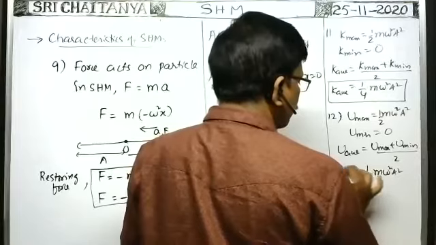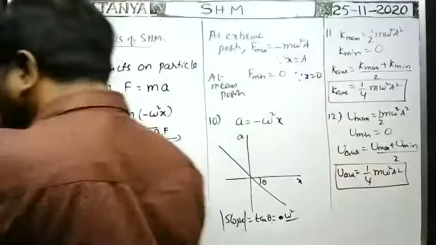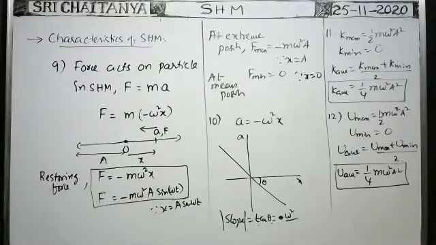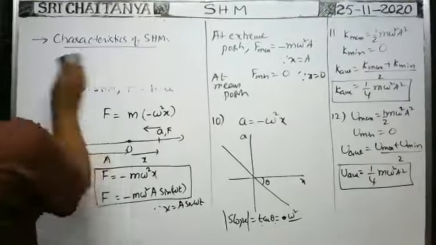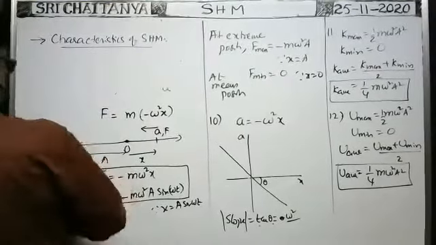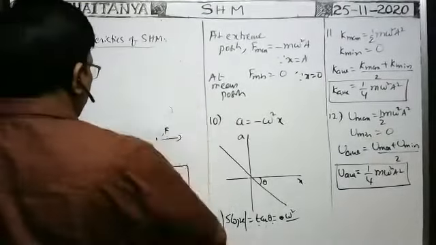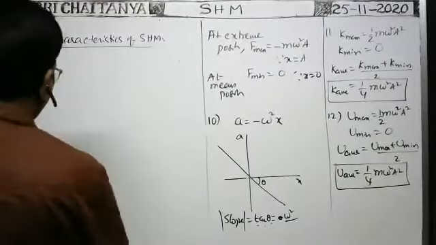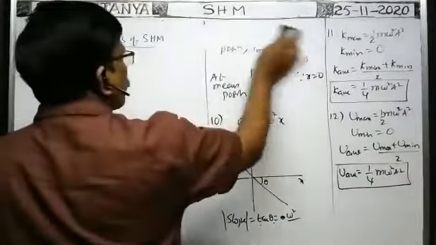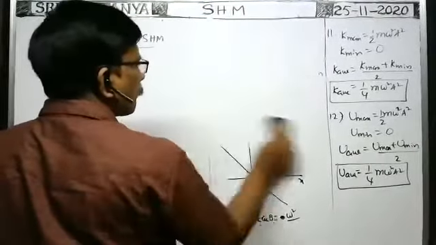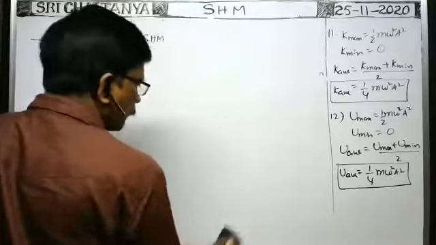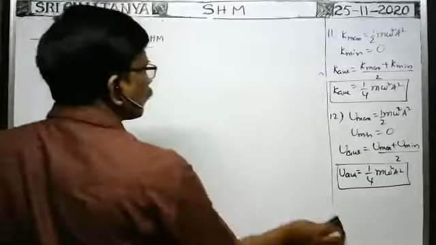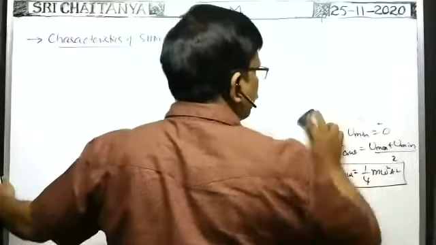It is the average potential energy. So these are the characteristics of the particle in SHM.